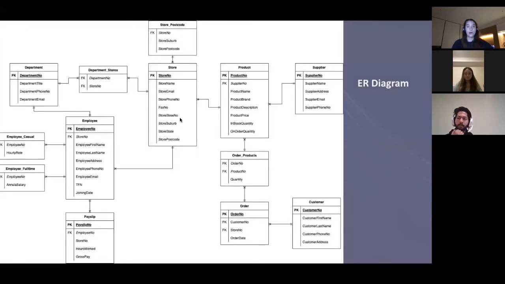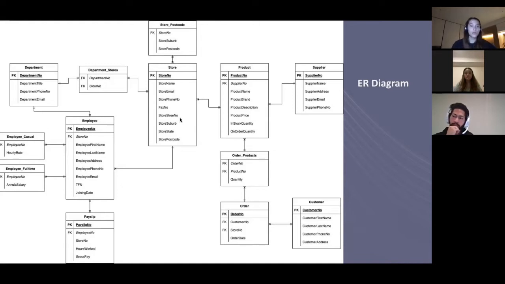So on this slide, you can see our ERD, which consists of 13 different entities. It was created based on the information given in the background. All of the entities have primary keys and their own attributes.